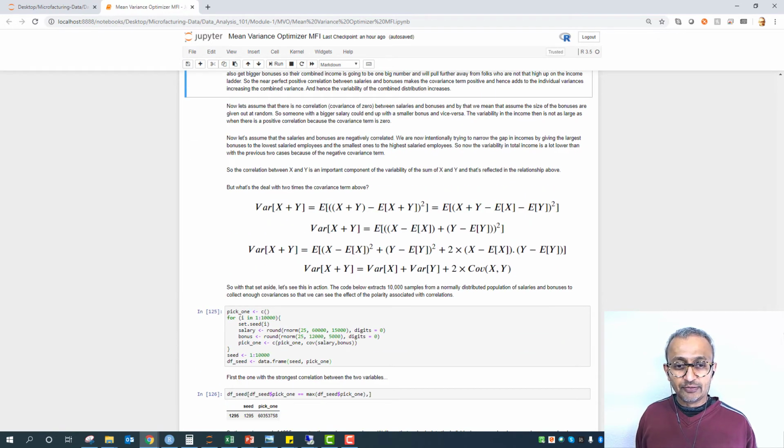But what's the deal with this 2 times the covariance term, okay? If you run through the math, it looks a little bit daunting, but it's pretty simple if you break it down. So, variance of x plus y. Let's assume this is just one variable z, okay. So how do you calculate the variance? Variance of z is z minus the mean of z, you square that, and you take the expectation of that.